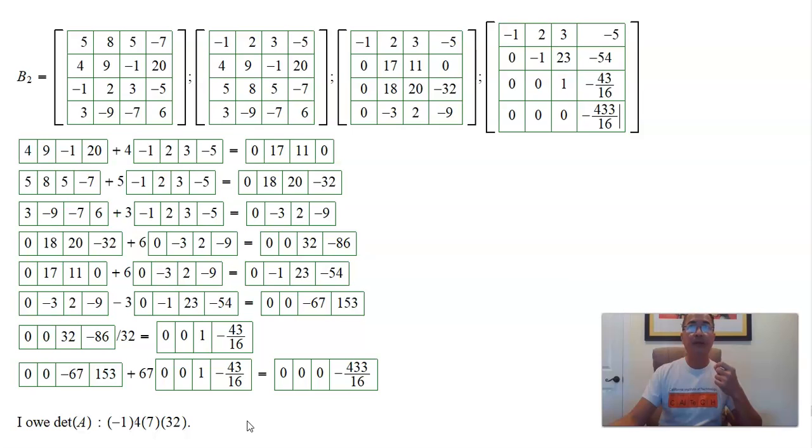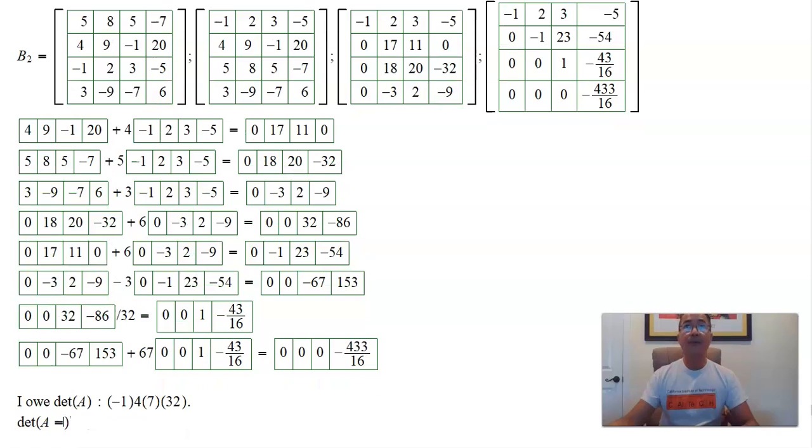Okay. So now we can complete a formula for the determinant of A. Let me speed up a little bit more. Okay, it still fits. The determinant of A will be, so I owe all this much, so let's put that here.